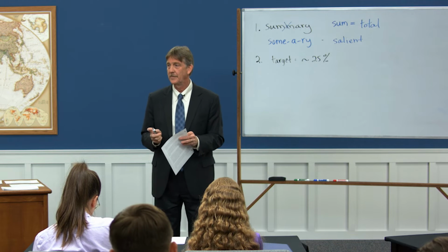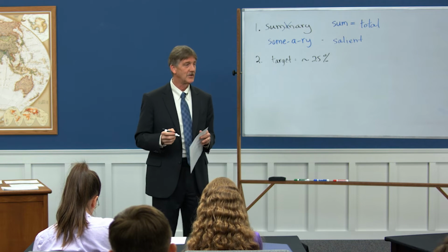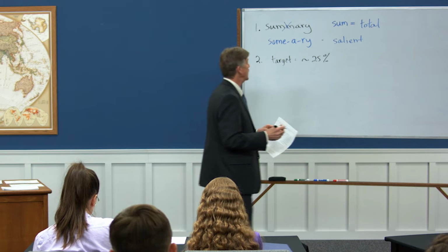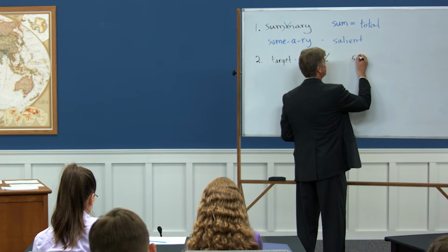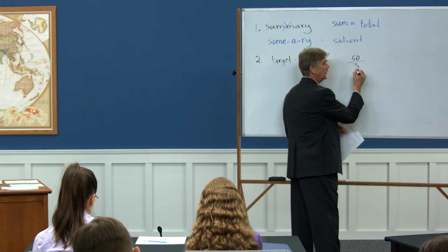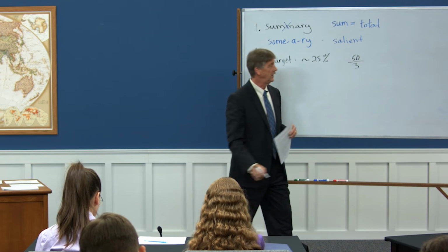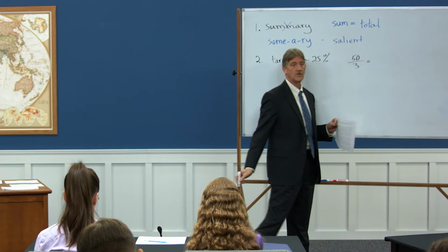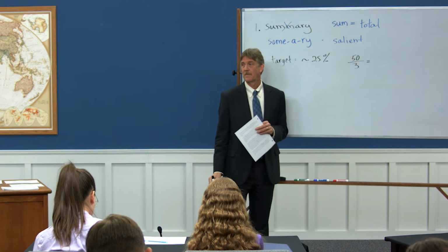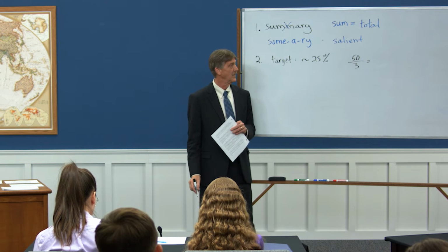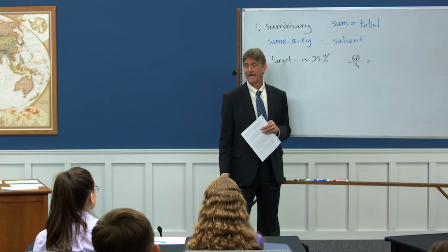How many did you get, Millie? 50. 50. That's what I got too. Everyone else get 50? Okay, so we have 50, and that was 3 lines. So we divide 50 by 3. What does that approximately equal? Noah? 13.3.